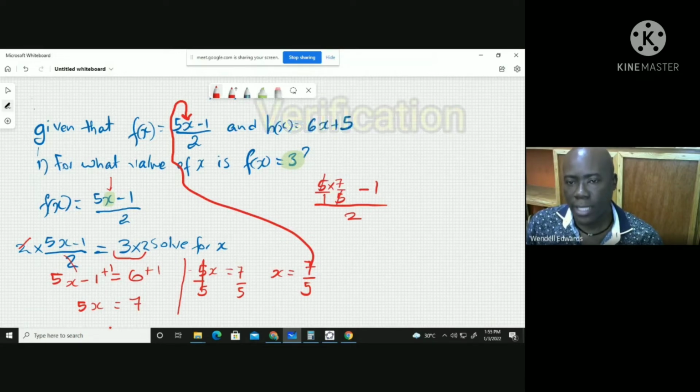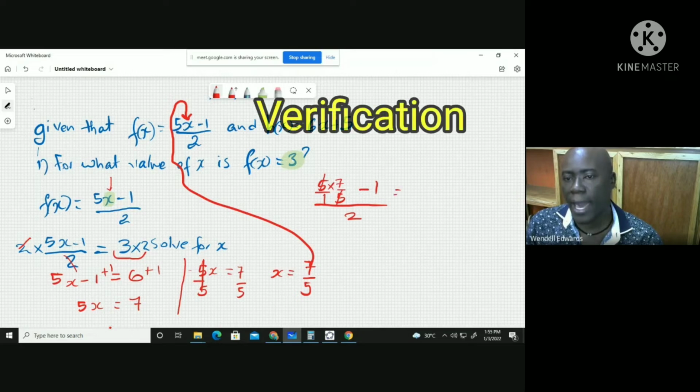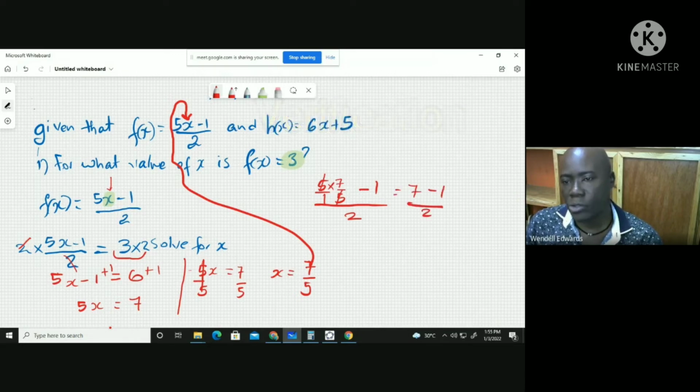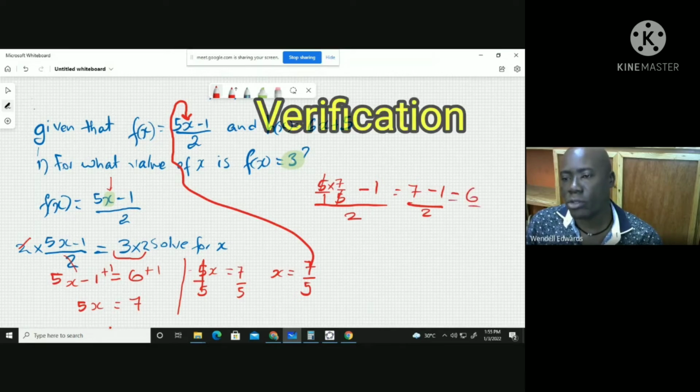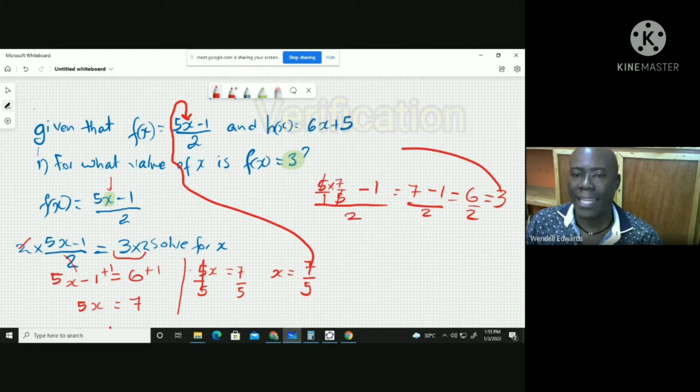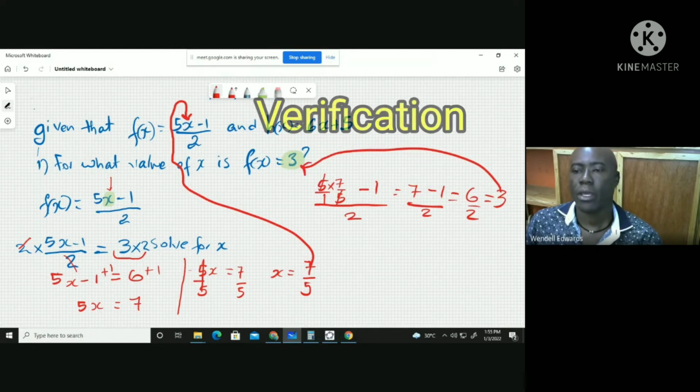So I'm left with 1 times 7, 7. So on top, I have 7 minus 1. Divide this by 2. I have 6 over 2. And definitely we saw that it is really 3. So this works out. So the answer is really 7 over 5. So that's one case of evaluating stuff like these.